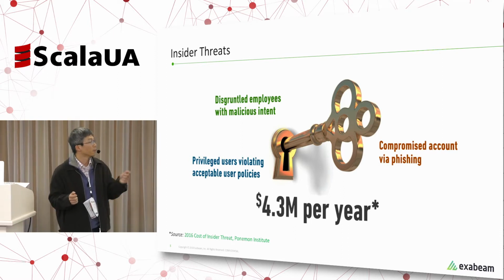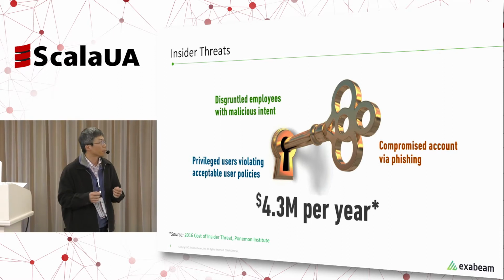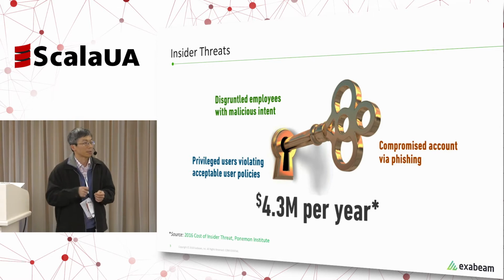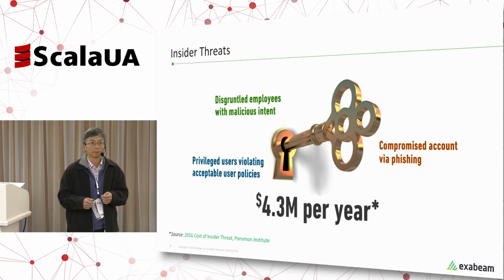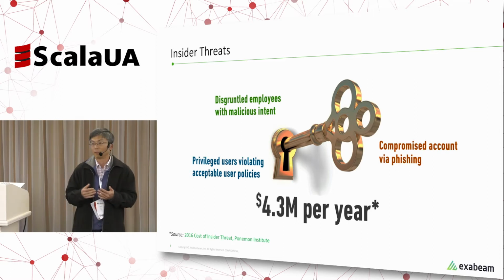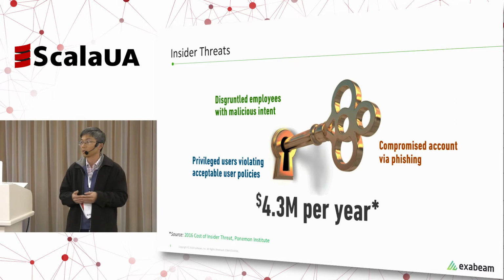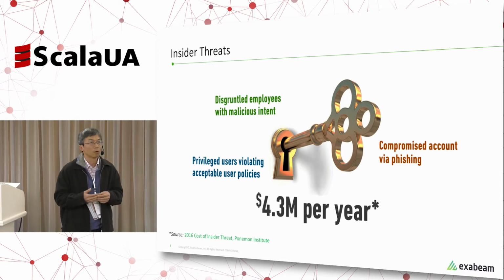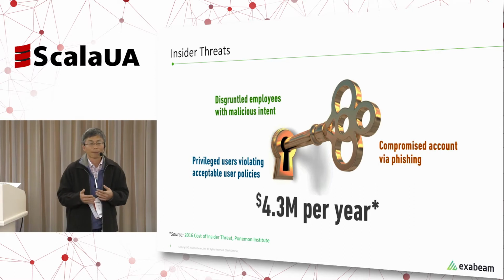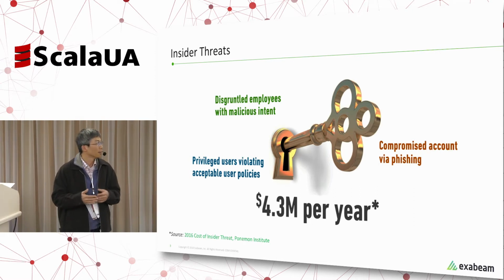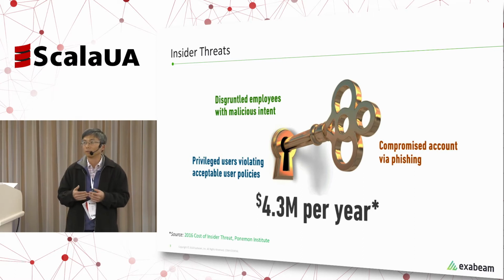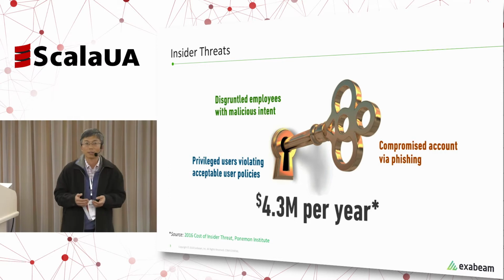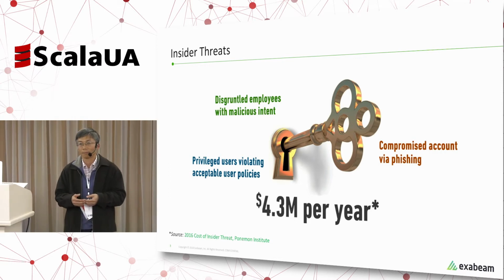These people are folks like disgruntled employees. This might be internal employees who access data with malicious intent. Or this might be internal employees or external contractors who work with the company and have a lot of privilege in network access, but they are using the network environment in such a way that violates acceptable use policies.